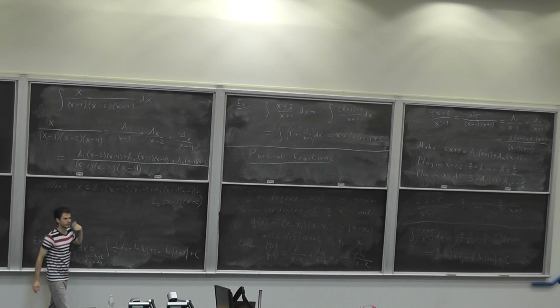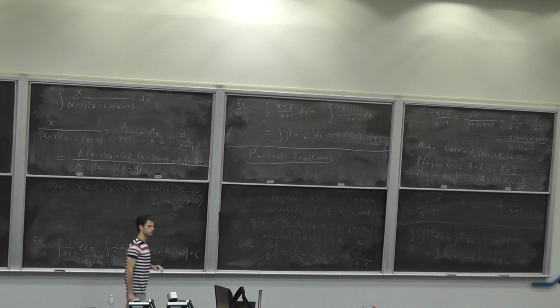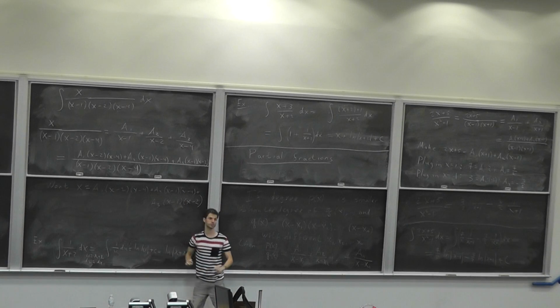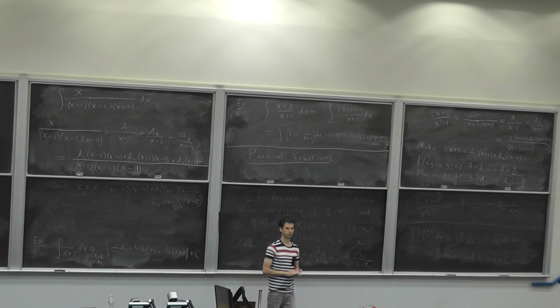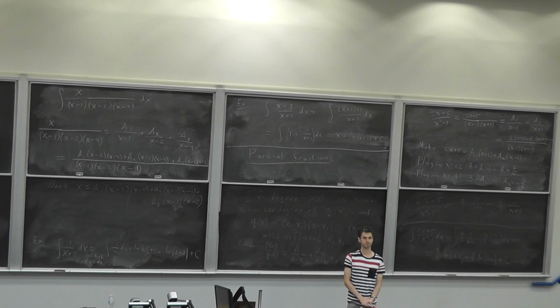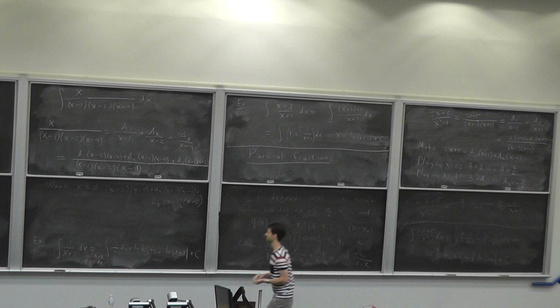Let's find A1. To find A1, I'll try to plug in a value of x which will make this thing and this thing 0. What value of x will do that? x equal to 1. Yes.